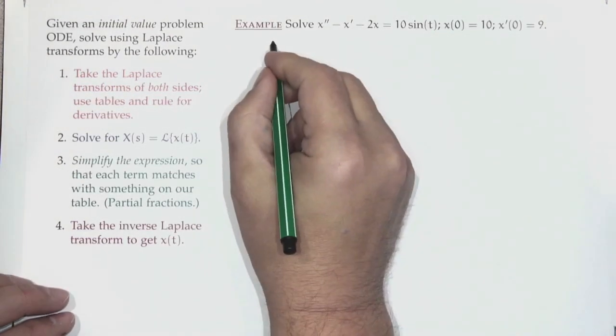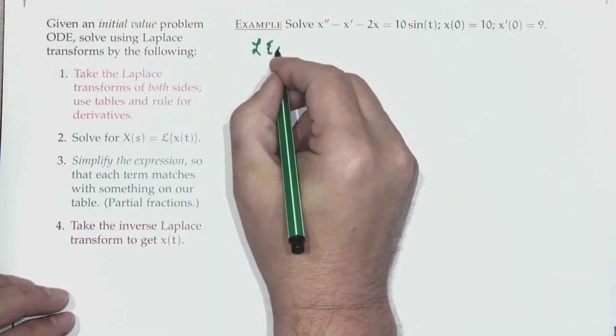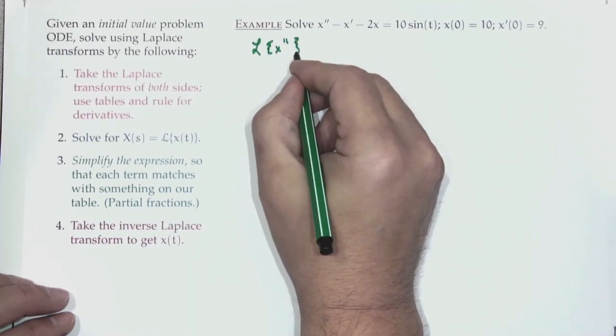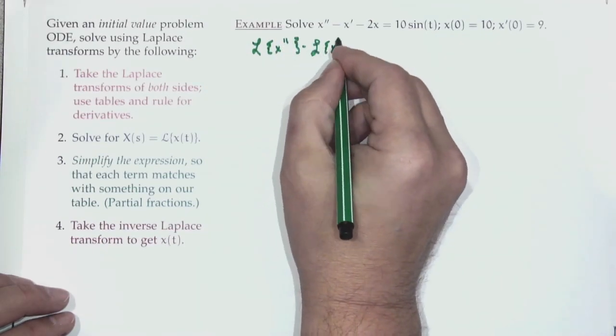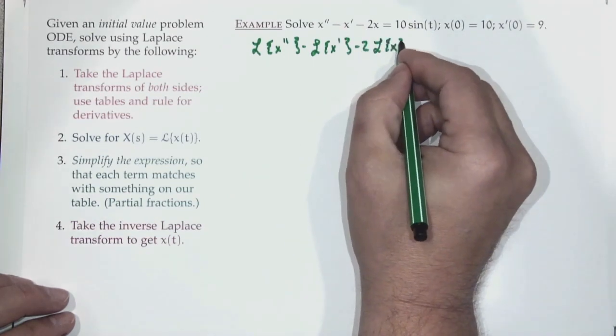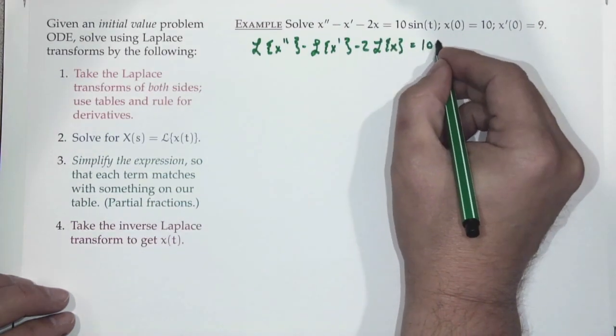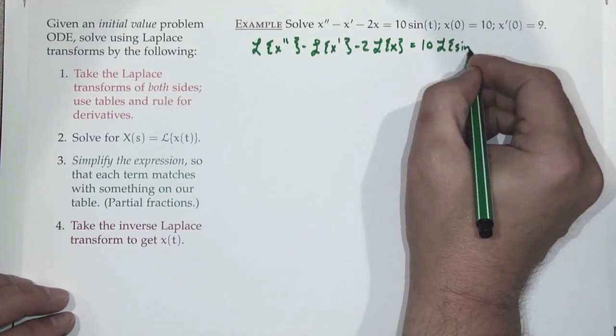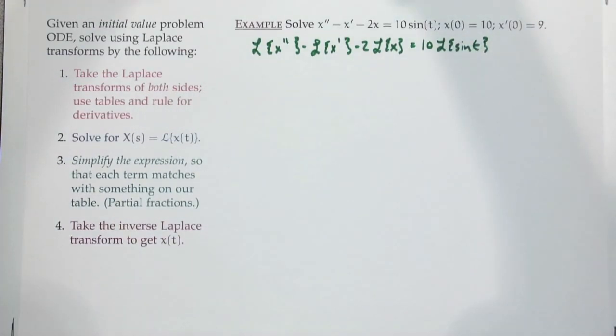All right, so we're taking the Laplace transform of x double prime minus the Laplace transform of x prime minus 2 Laplace transform of x is going to be equal to 10 Laplace transform of sine t. So this is taking the Laplace transform and using the fact that things are linear.